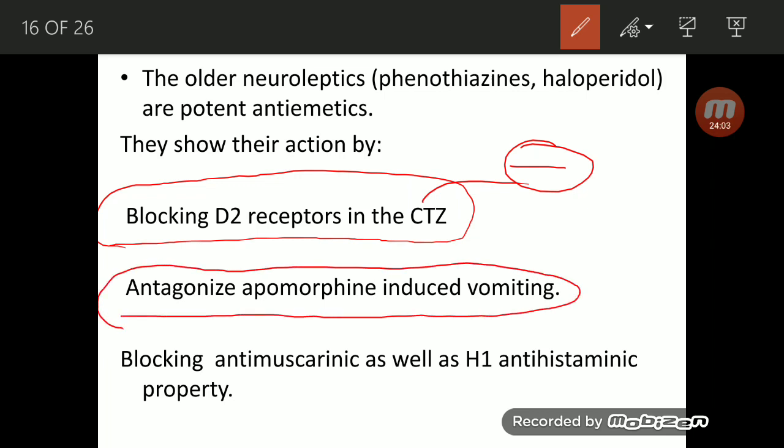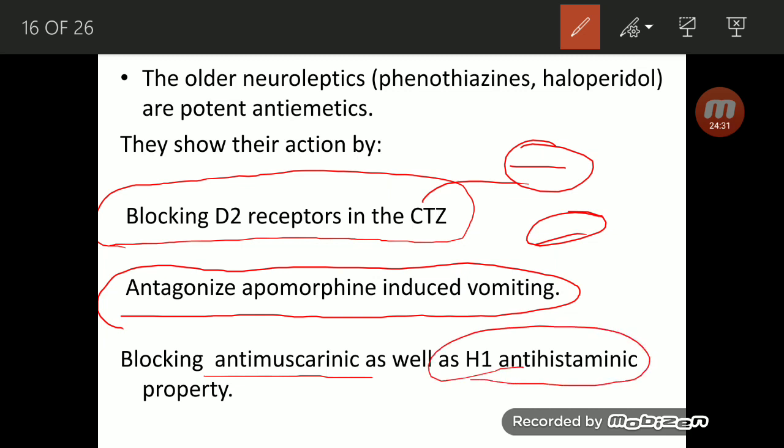If someone has taken apomorphine and is continuously vomiting, these drugs can stop it. They also block muscarinic receptors, as well as have certain H1 antihistaminic property.